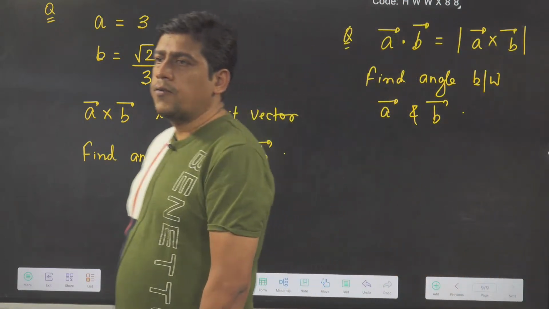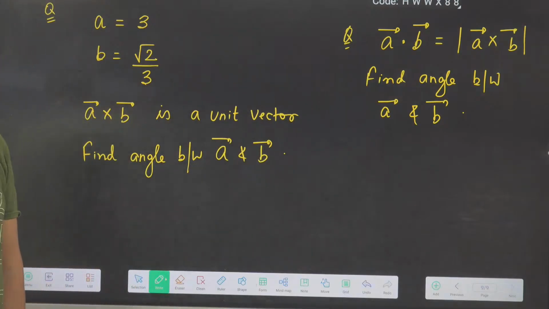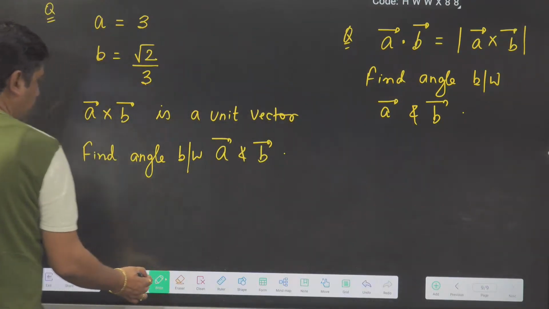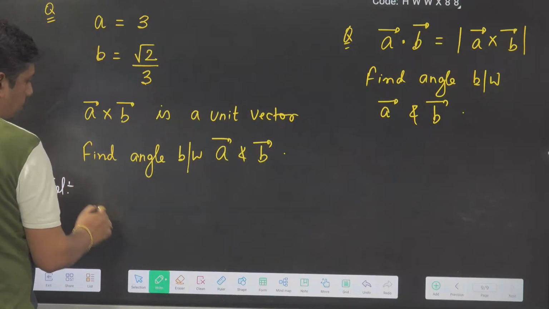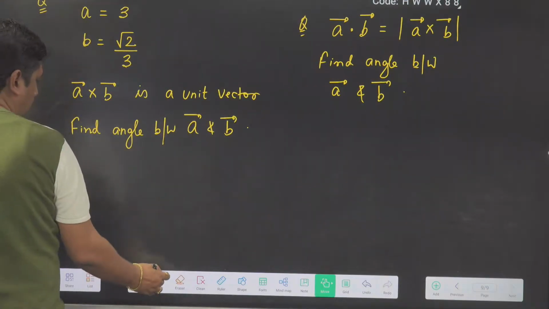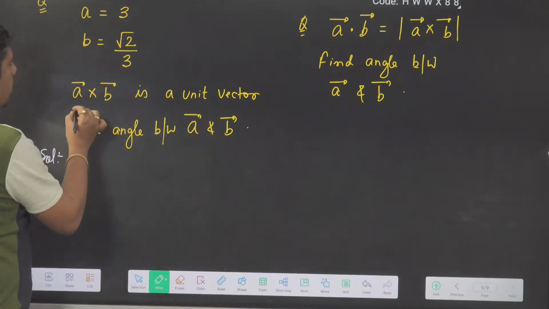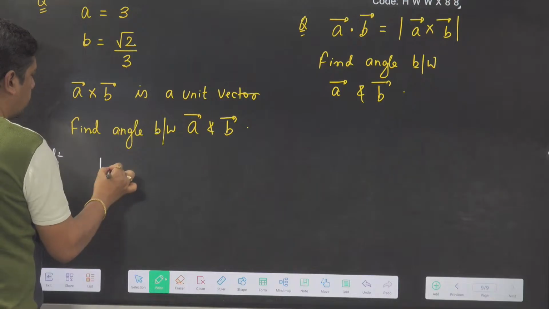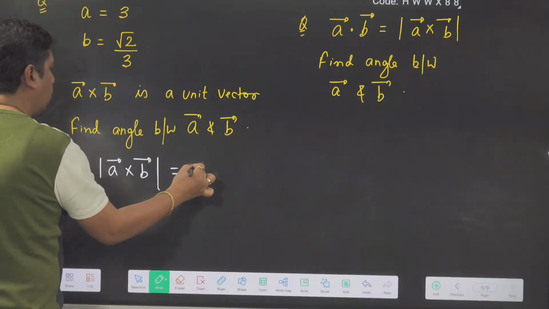First answer is 45 degree, correct. But A cross B is a unit vector. That means A cross B mod is 1.